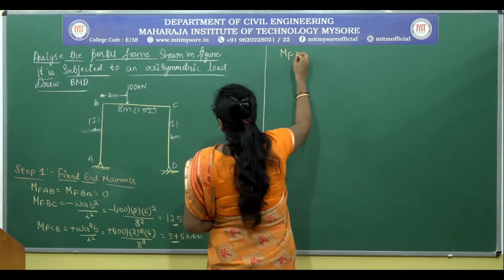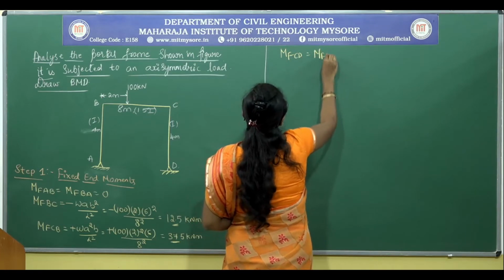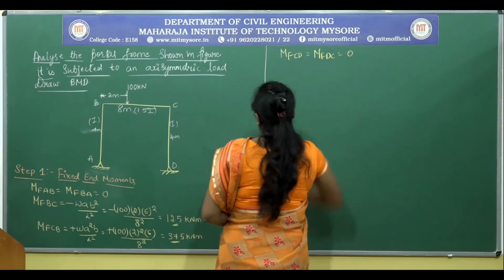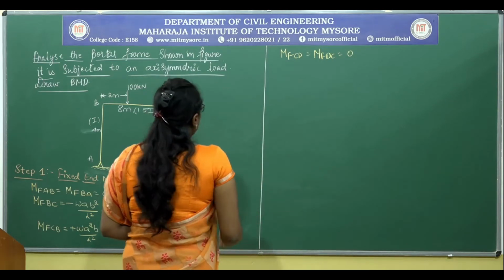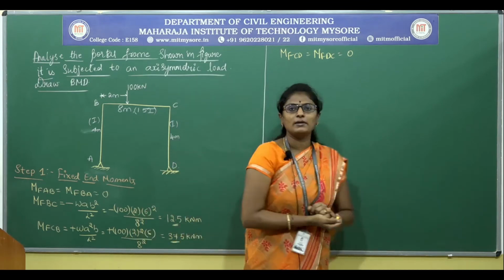Next, MFCD equal to MFDC equal to 0. This is step 1, to calculate the fixed end moments.